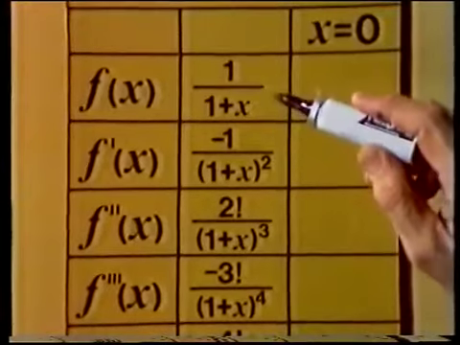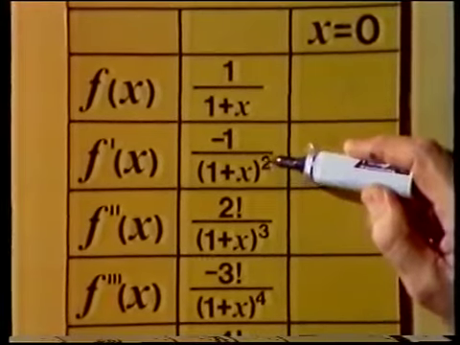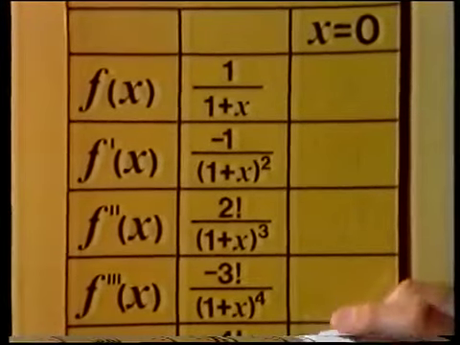We can show this by finding the recipe for the Taylor polynomials. Now, we've computed the derivatives, and you can check these after the program.